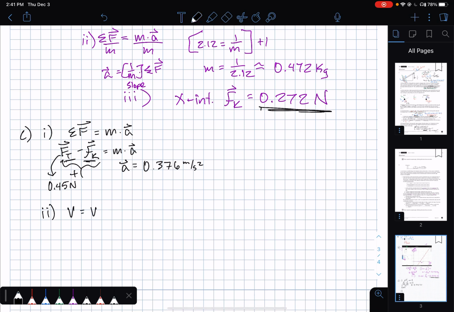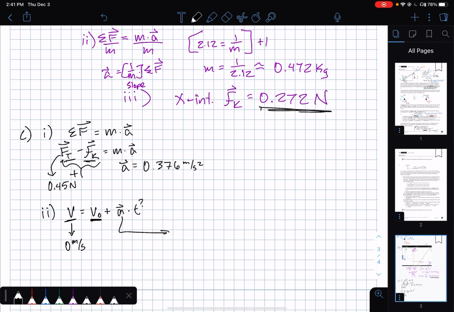V final is V initial plus a t. We're solving for time. The initial velocity is how fast it got going after that 2 seconds. And then V final is going to be 0.